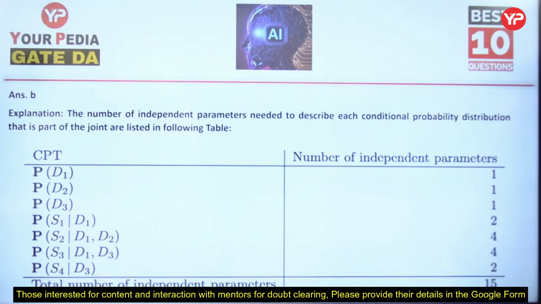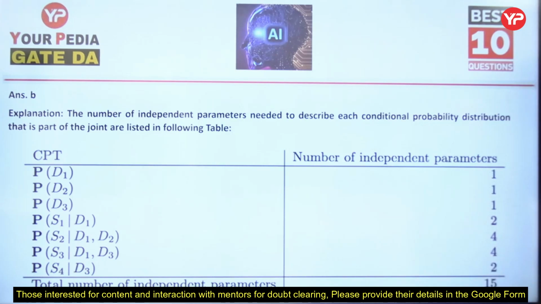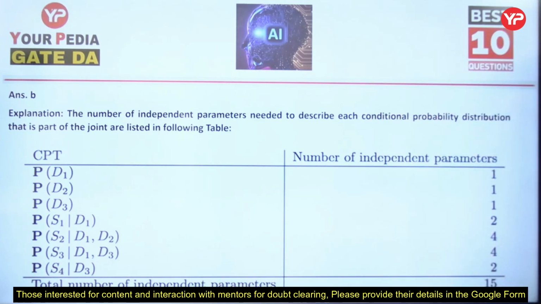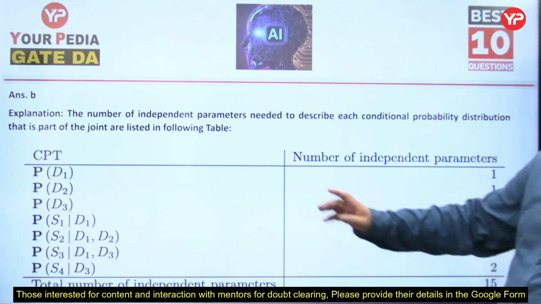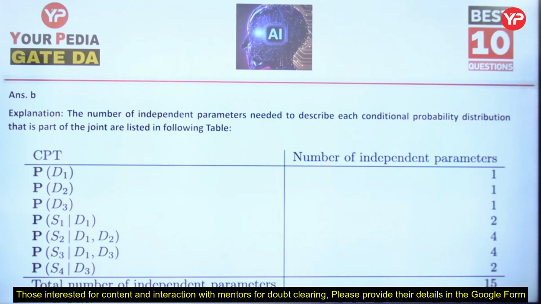Conditional probability of S1 given D1: here 2 parameters are required. Then probability of S2 given D1, D2, and their combinations.